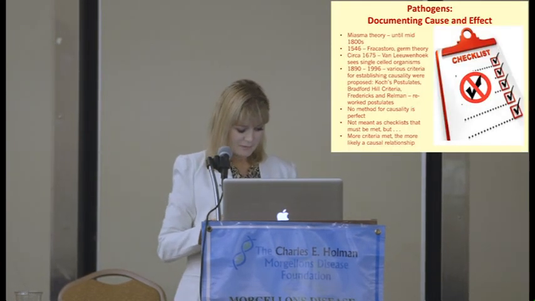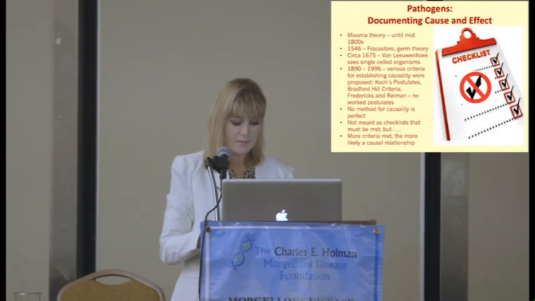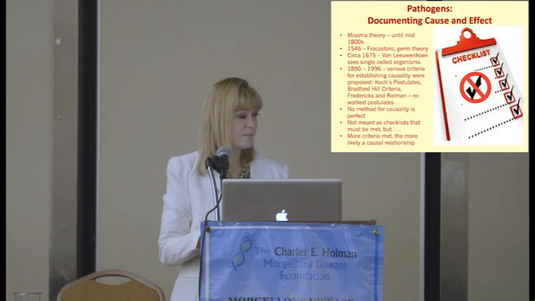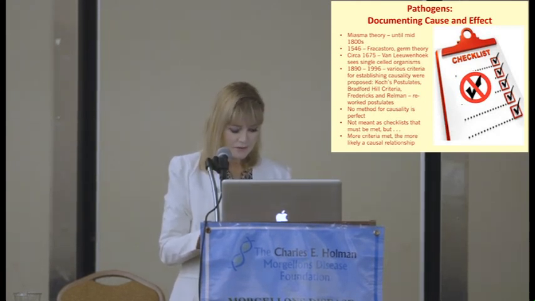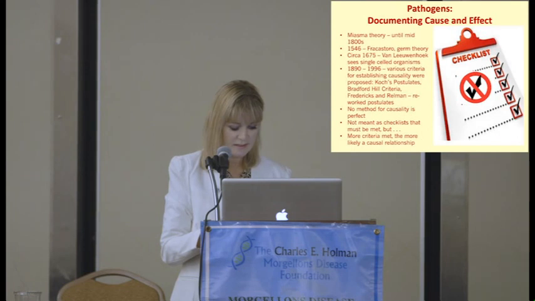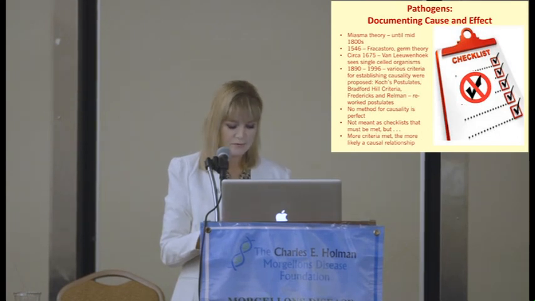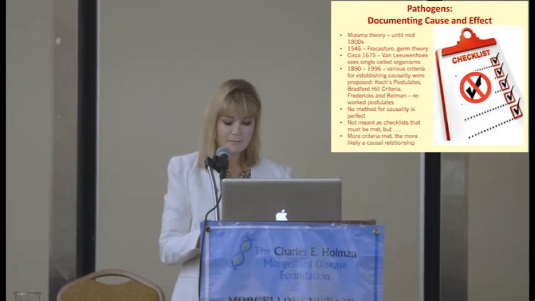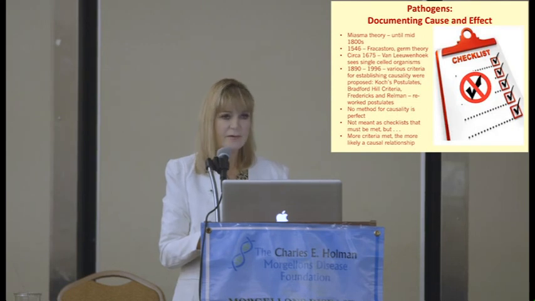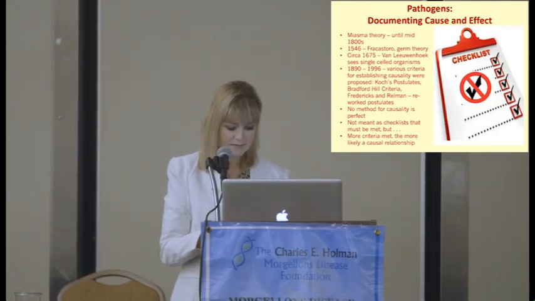Proving that a microorganism has a causal relationship to a disease has been a long and difficult process. The germ theory of disease, the theory that minute particles or contagion cause disease, was first proposed by Fracastoro in 1546. At that time, most scientists believed the miasma theory, the theory that bad air caused disease.